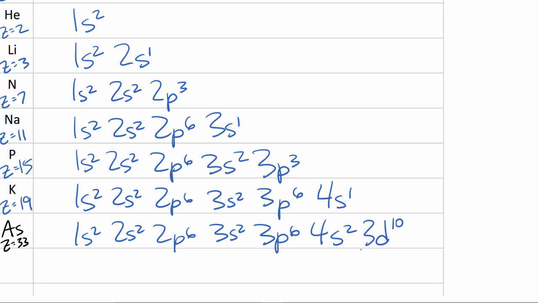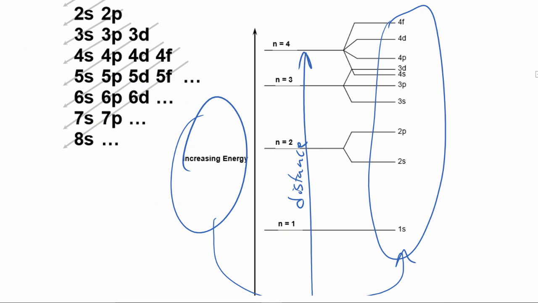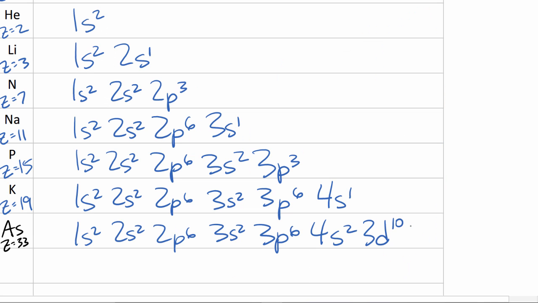Plus 10 more gives us 30. We need 3 more. And after the 3d is going to come the 4p. And how many more do we need here? We need 3 more. We'd end with a 4p3.